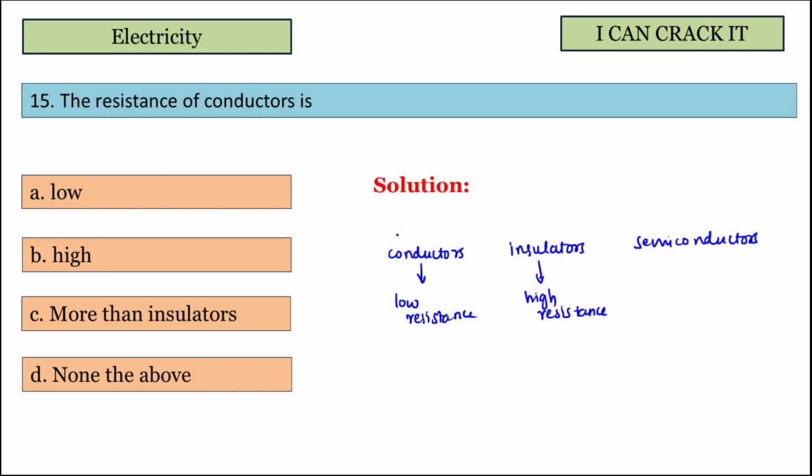So they don't oppose much in conductors, that is why they allow the electricity to flow through them. But insulators oppose very much, that means they have high resistance. That's why current will not flow through insulators easily. But semiconductors, their conductivity or resistivity is between conductors and insulators. So in that case, resistance of conductors is low. So which option? Option A, low.